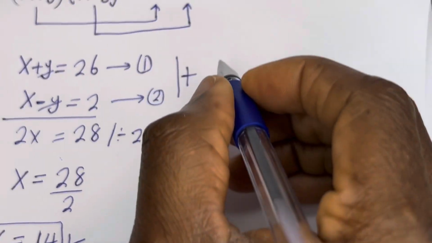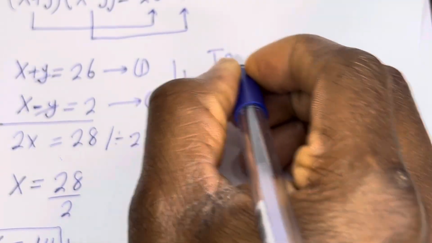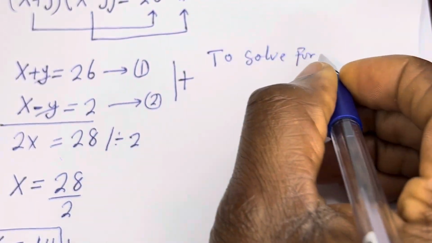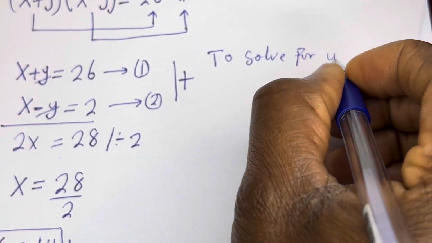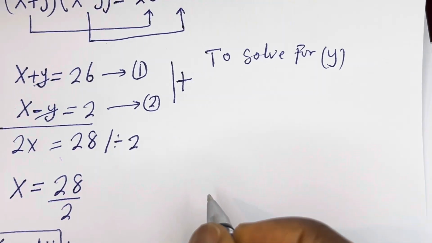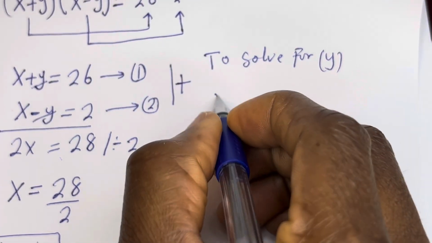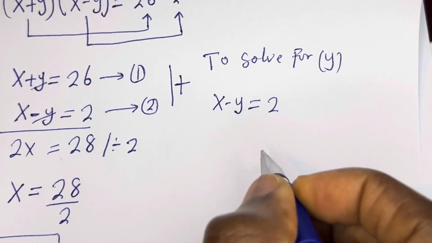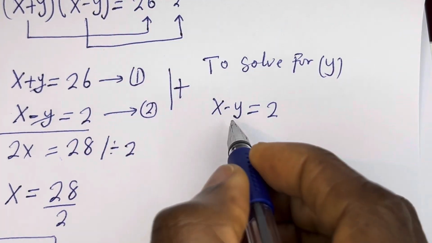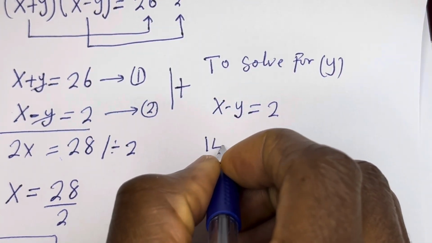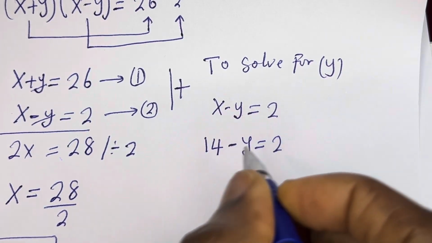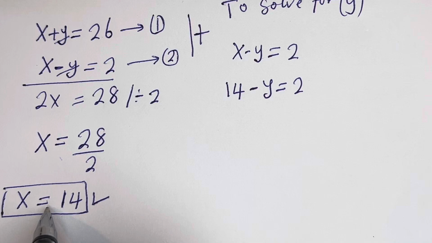Now, we've gotten the value of x. Let's solve for y. To solve for y, we have x minus y is equal to 2. Then from the second equation, 14 minus y is equal to 2 when x is 14.